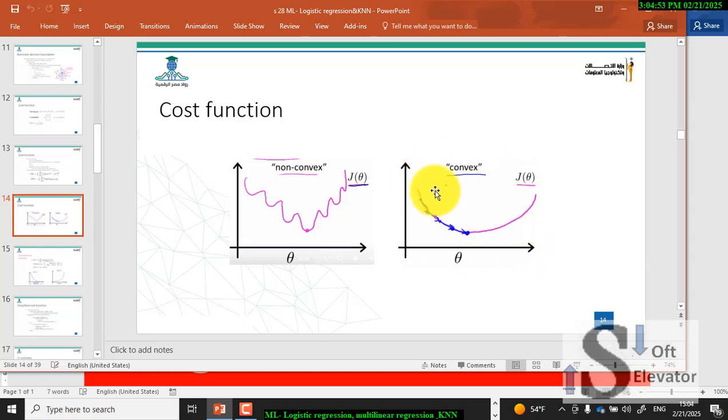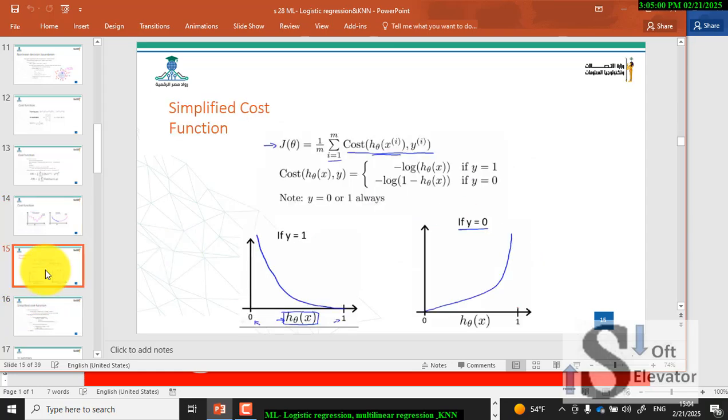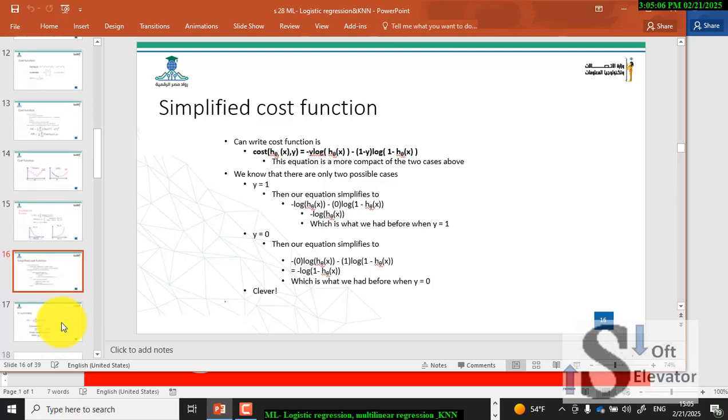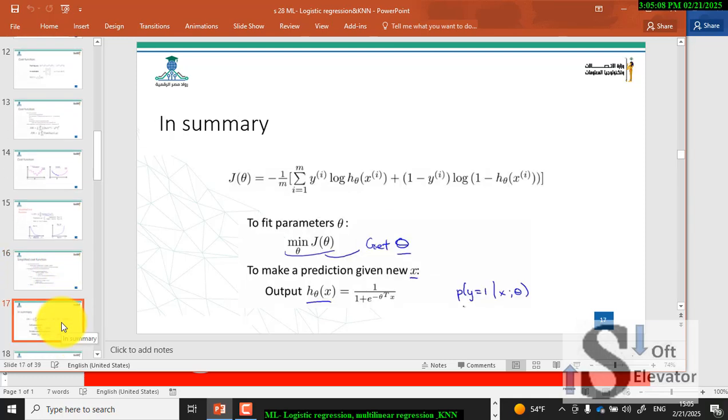Convex equation. Now, in summary, these are both equations here.